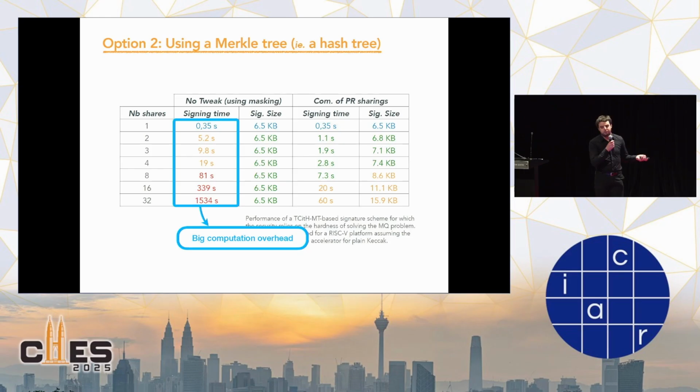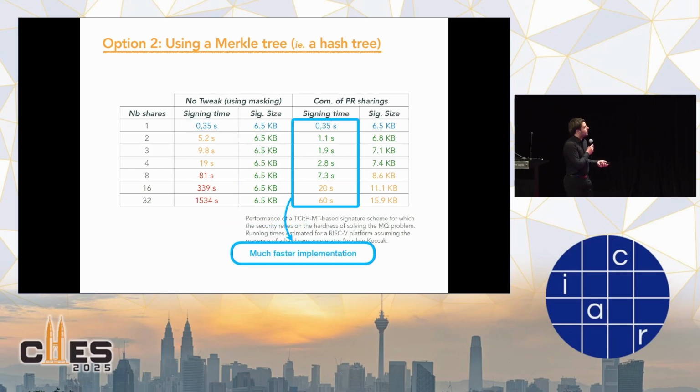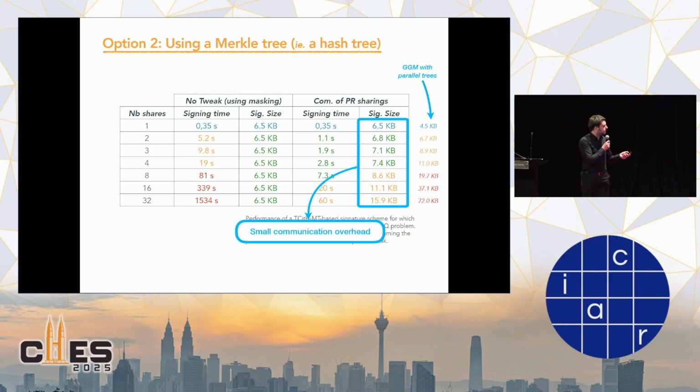But we have a big computation overhead. If we use commitment of pseudo-random sharing, it will be much faster, but the signature size still increases with the masking order, but it's much more reasonable than using GGM3.